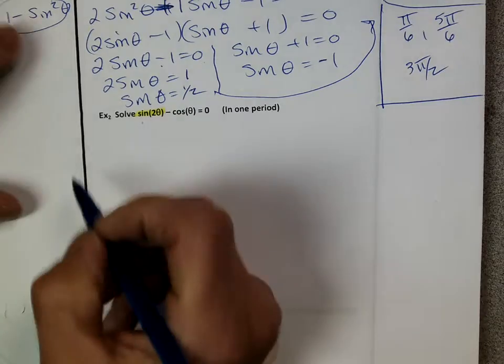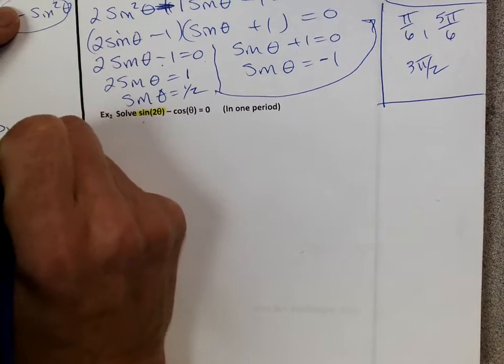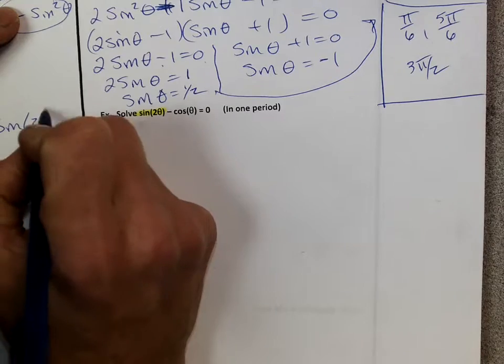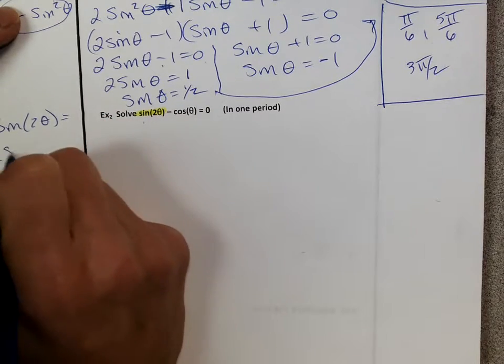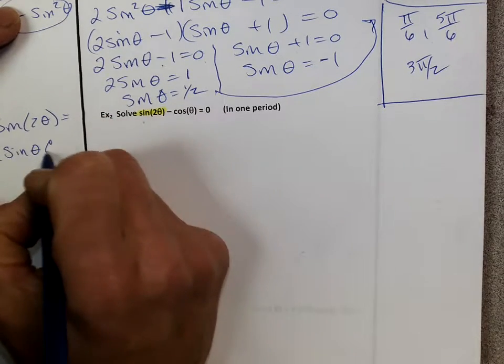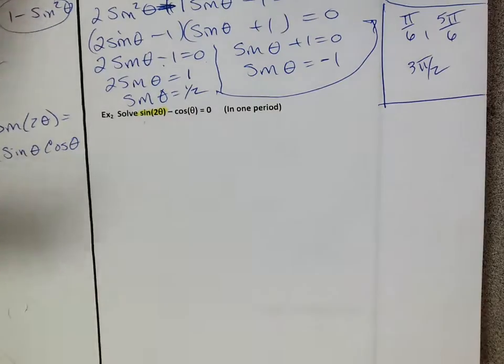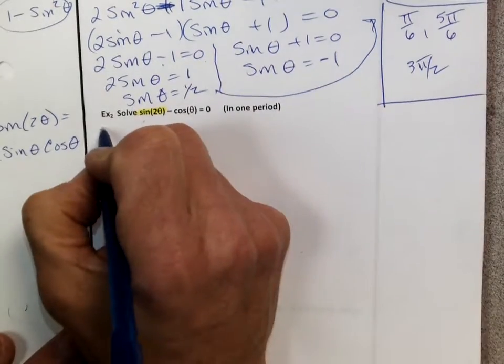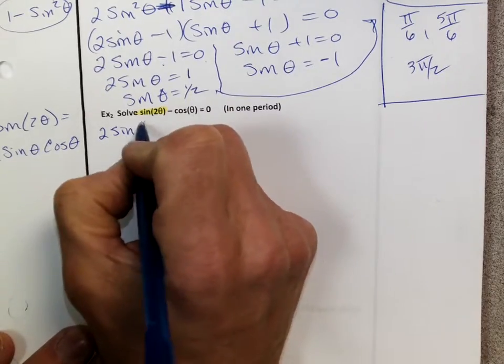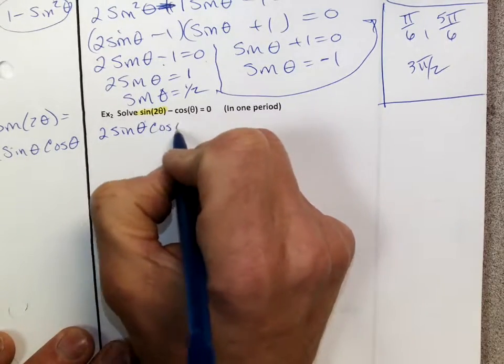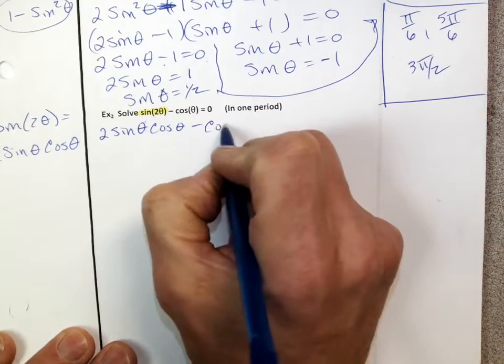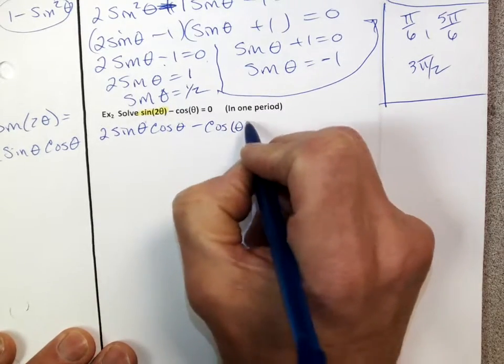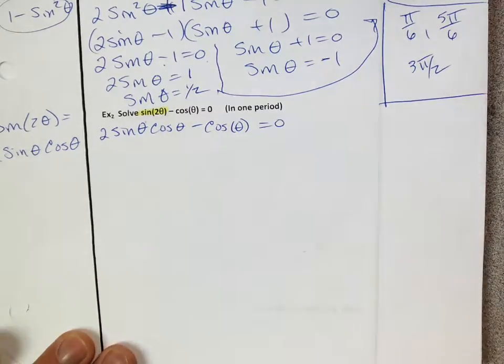So little side note, we know that sine of 2 theta is equal to 2 sine theta cosine theta. Okay, so let's change it so that we make everything the same, all right? So this becomes 2 sine theta cosine theta minus cosine theta equals 0, okay?